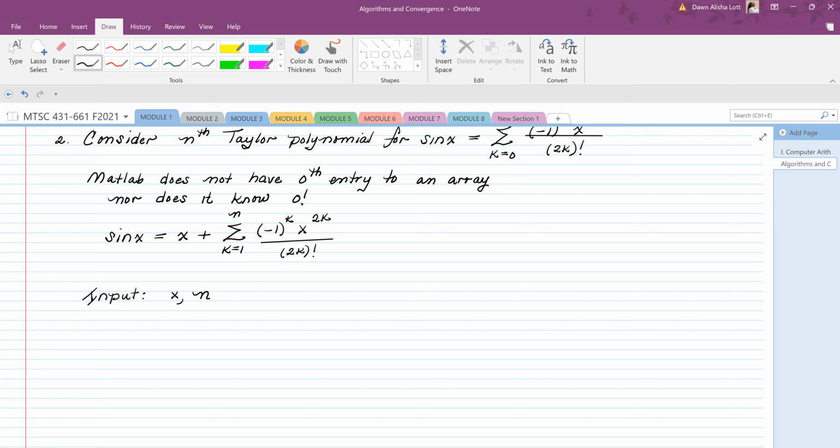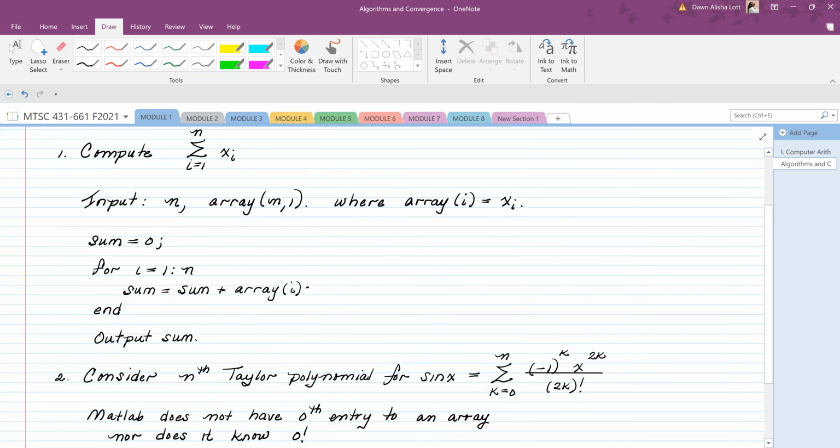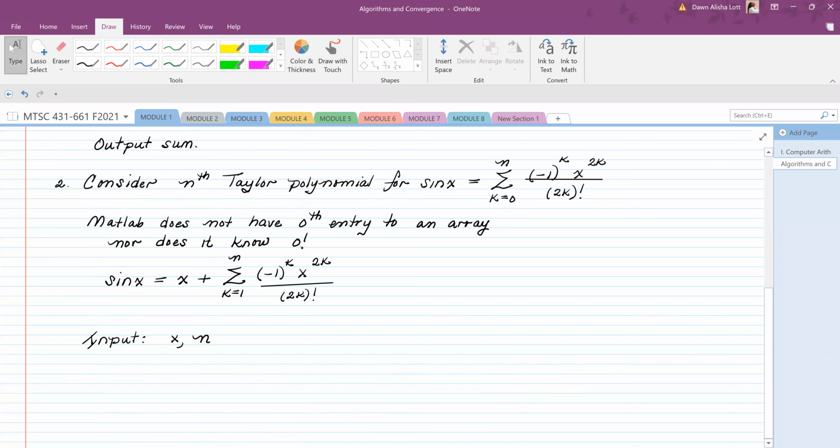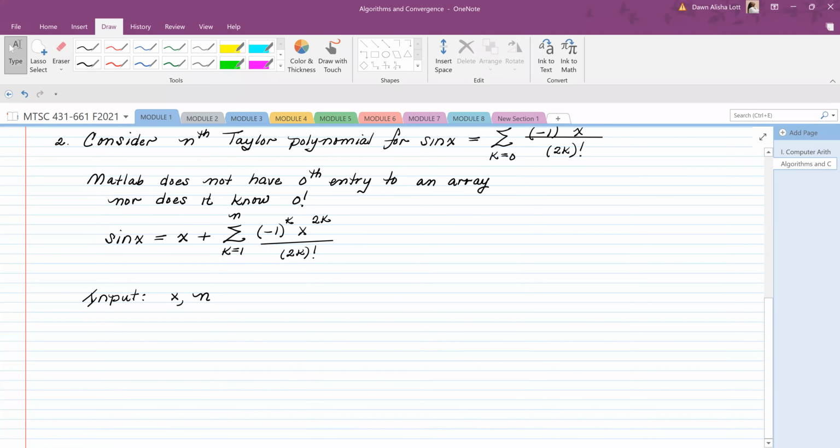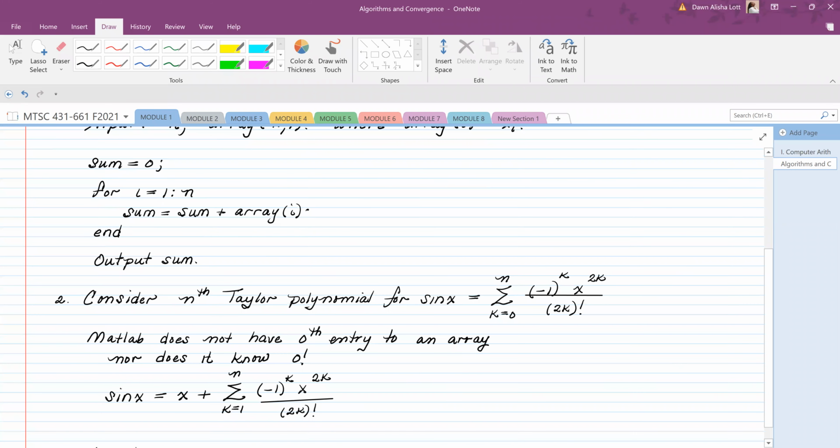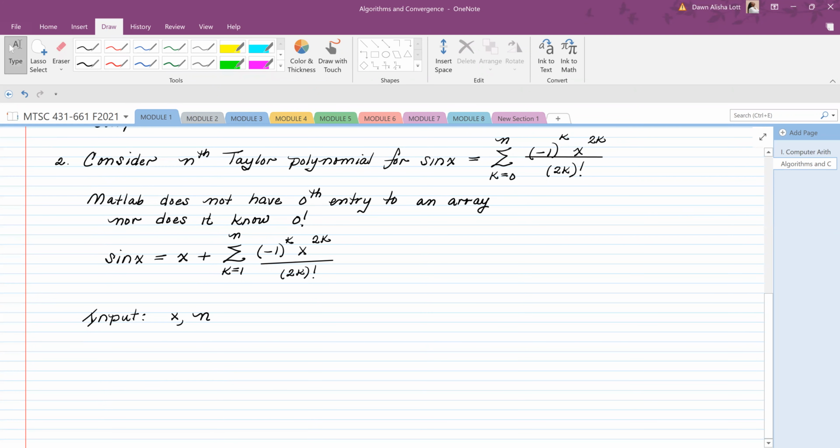So once I know that x is a certain value, x is given, I can start off by letting the first term, instead of letting the first one be the first element in the array, where I started here, sum was 0. I'm now going to let sum be just plain the value of x. And the more difficult part is to try to figure out how to compute 2k factorial.